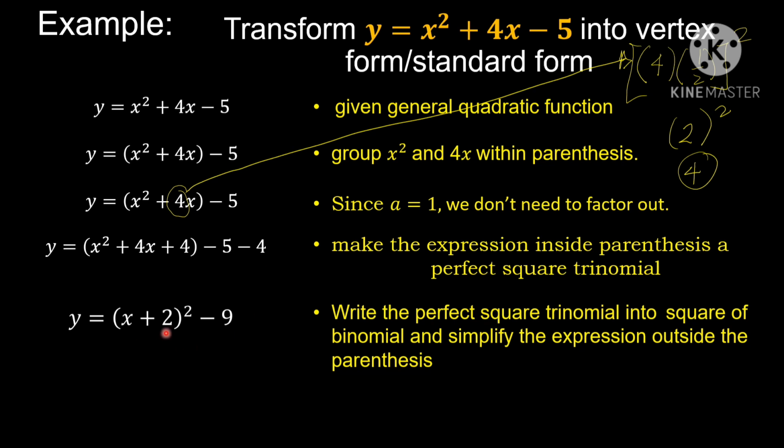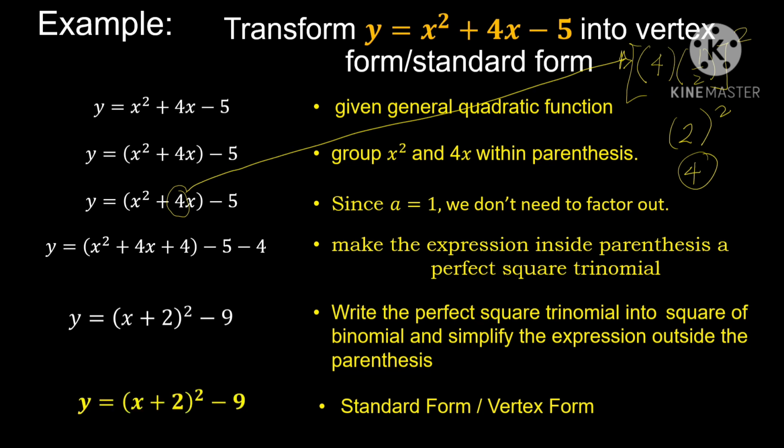We have x plus 2 because the factors of x squared plus 4x plus 4 is x plus 2 times x plus 2. We simply write that as a square of binomial, x plus 2 quantity squared. Okay? So therefore, the standard form or the vertex form is y equals the square of x plus 2, then minus 9.